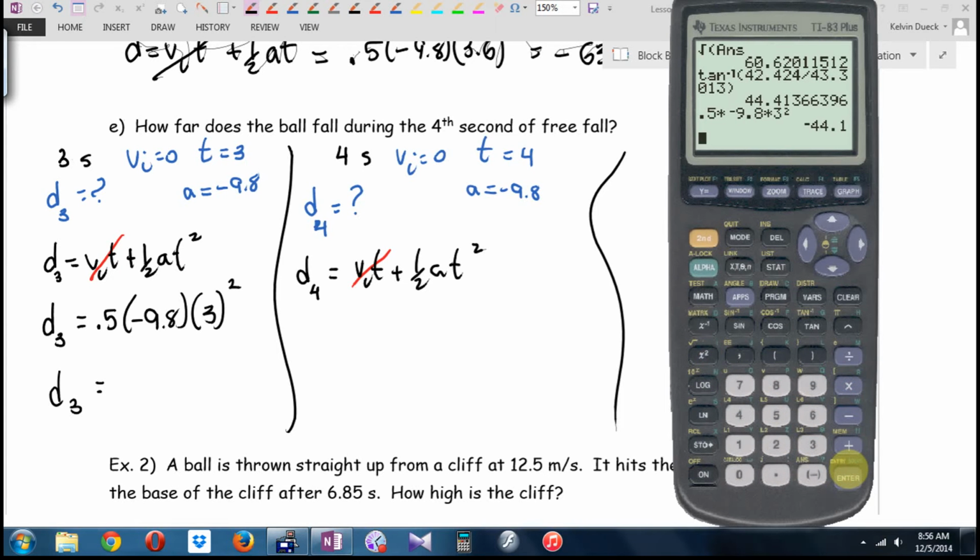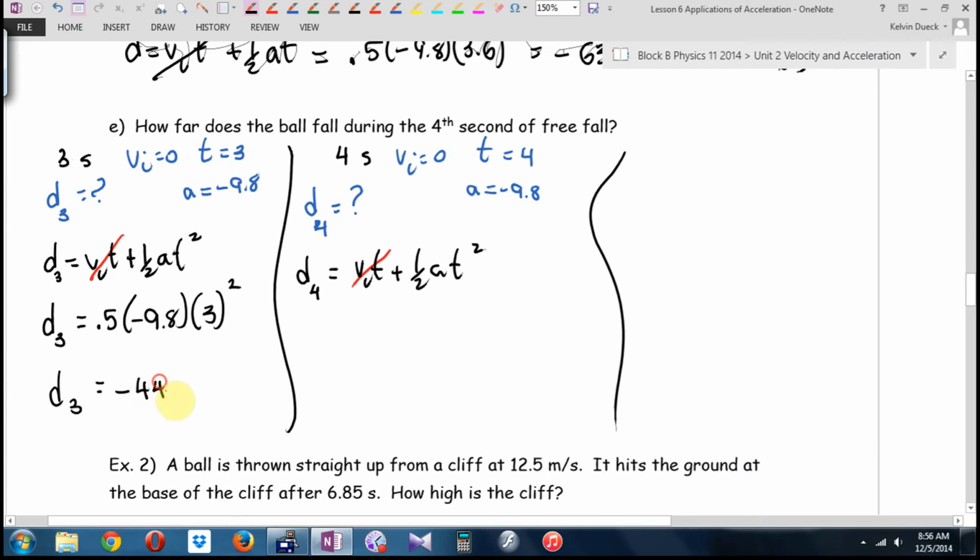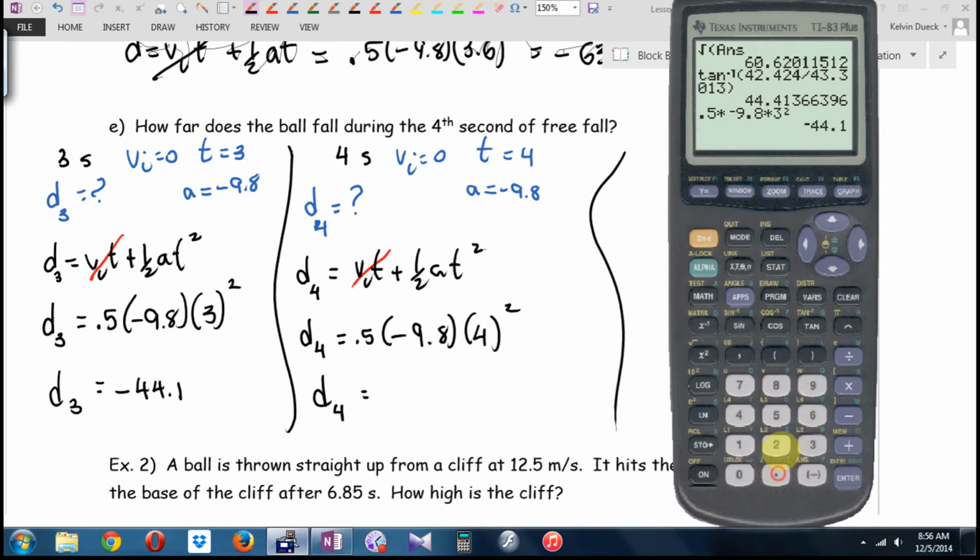Do you get negative 44.1? After 4 seconds, it will have fallen 0.5, negative 9.8, 4 squared. You get negative 78.4.